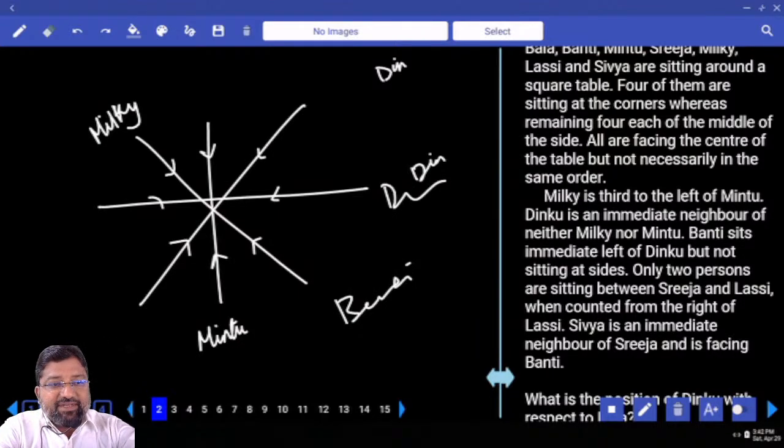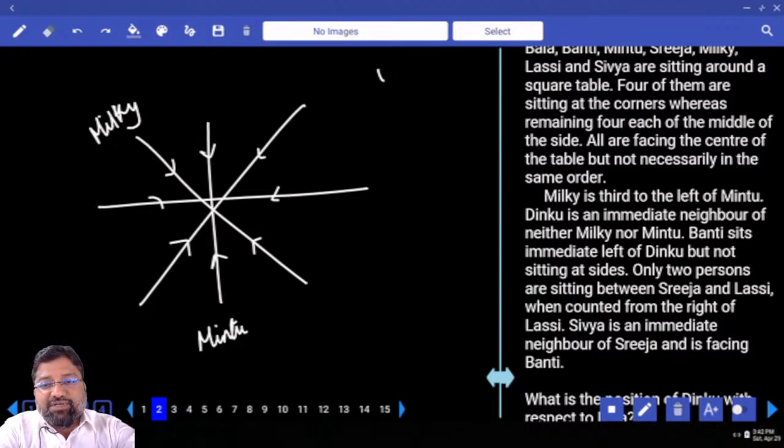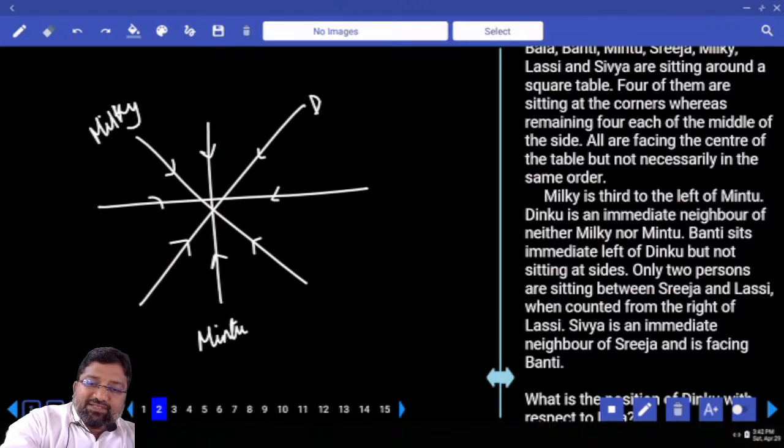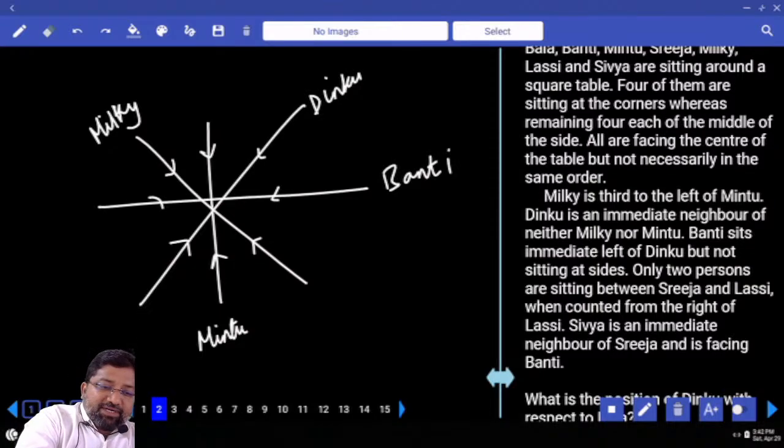But can I go for Bunty here? No. So from this it is very clear we do have only one possibility for Dinku. Definitely this is Dinku here, this is Bunty and opposite to Bunty is Sivya.